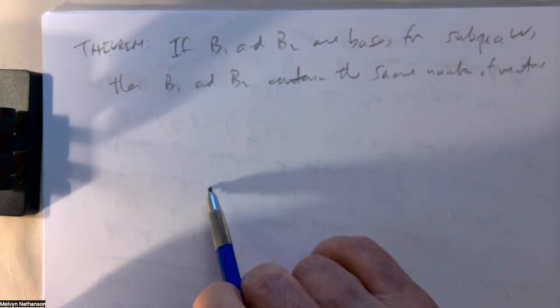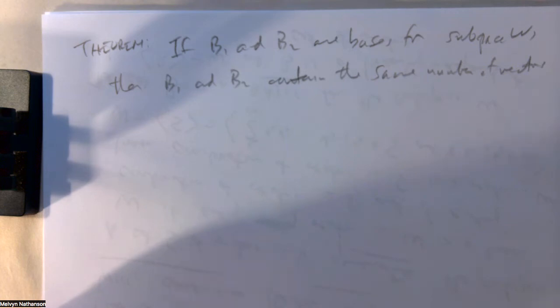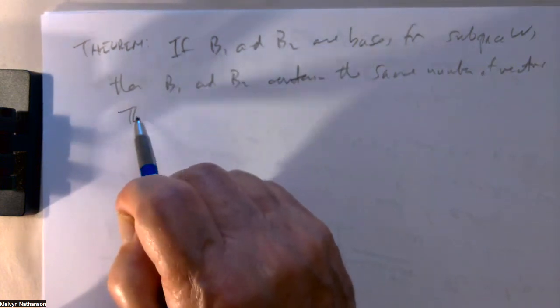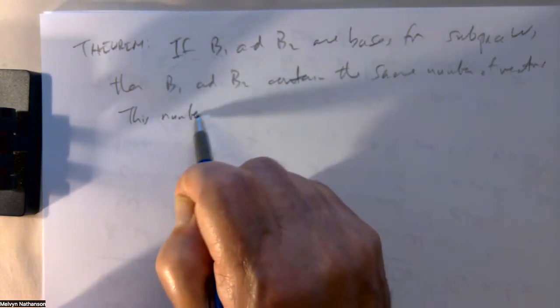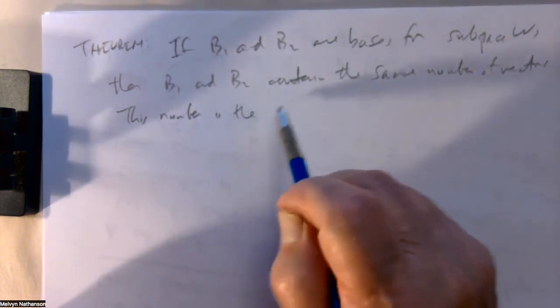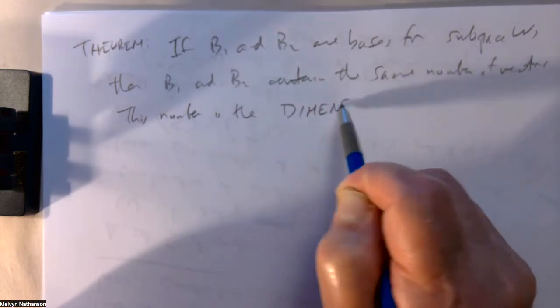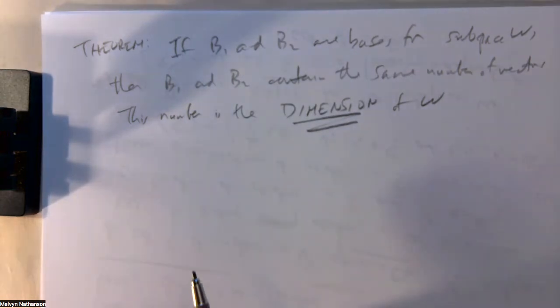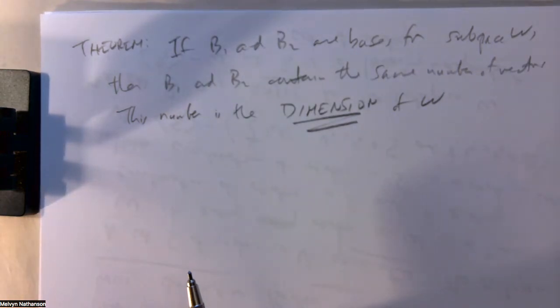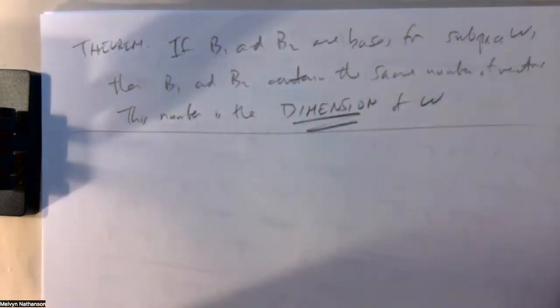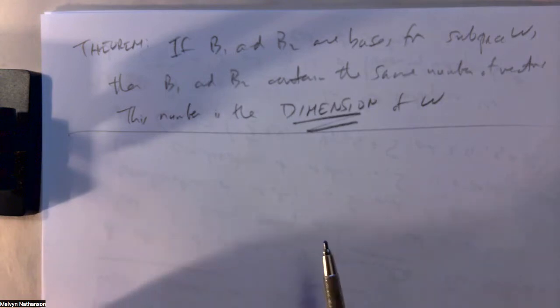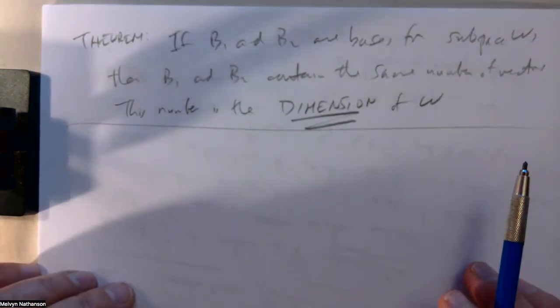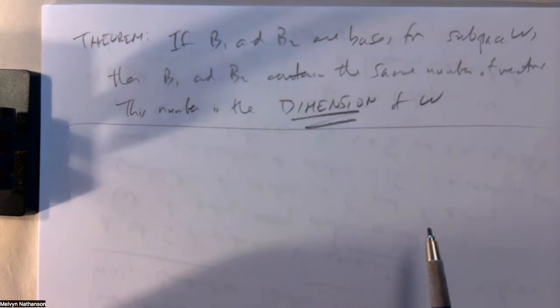So all bases for a subspace of a vector space have the same number of vectors, and this number is called the dimension of W. So the dimension of the subspace is the number of vectors in a basis. Now, this is really extremely important. This was discussed in section 4.3.